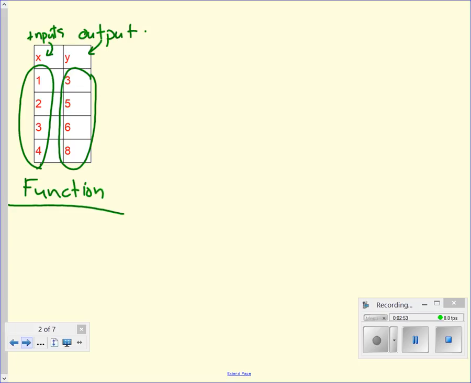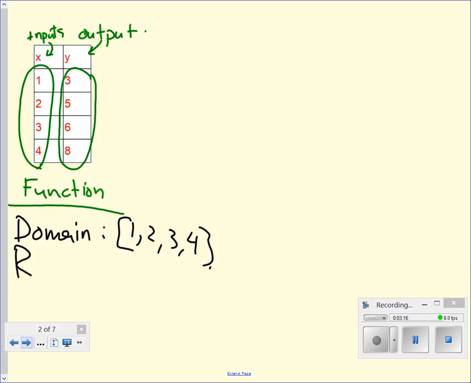Now, because this is a function, I can actually define it as having a domain. And the domain is essentially all of its independent values. So the domain for this function is 1, 2, 3, and 4.